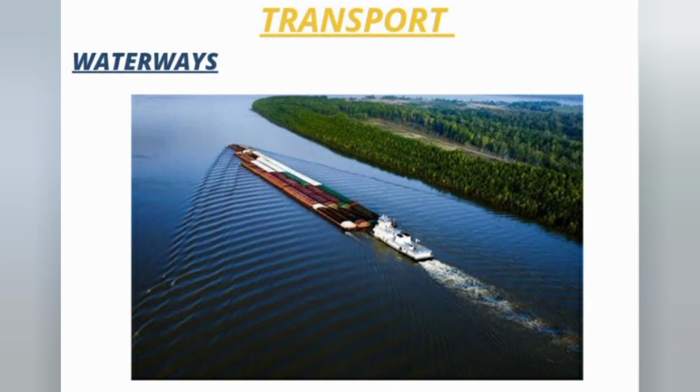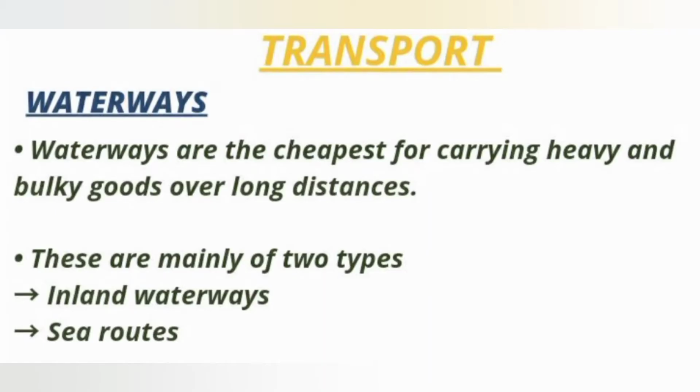Now we will discuss waterways. Waterways are the cheapest for carrying heavy and bulky goods over a long distance. And waterways are mainly of two types: inland waterways and sea routes.